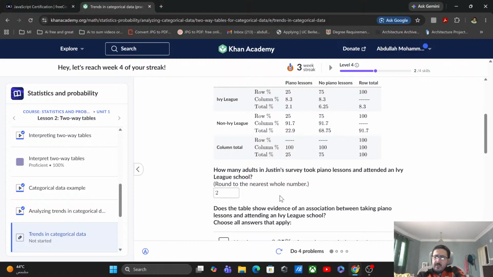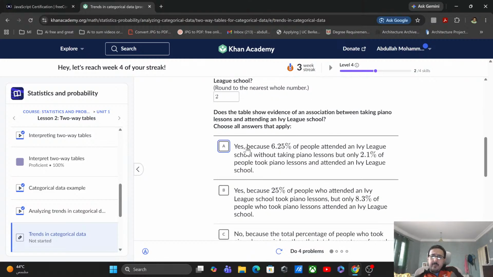What does association mean? It means linking, a link between taking piano lessons and attending. Perhaps yes, because 6.25% of people attended an Ivy League school without taking piano lessons.